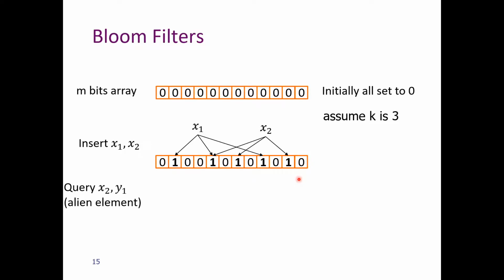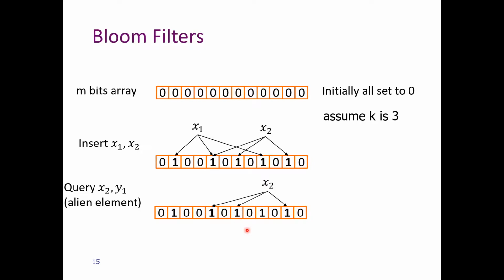Okay. So next time, we want to query an x. We have built the Bloom filter. Bloom filter looks like this. Next, we want to test whether x2 is in the set, right? So we map x2 to 3 positions of the bitmap. And we will find that for all positions, these 3 bits are set to 1.